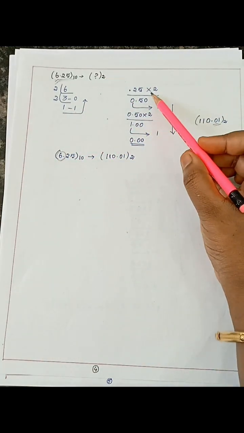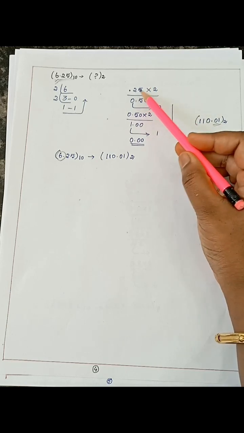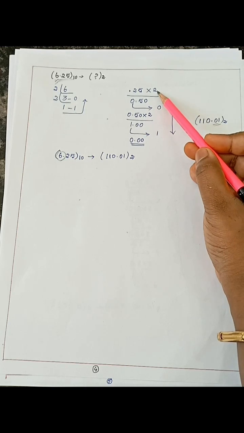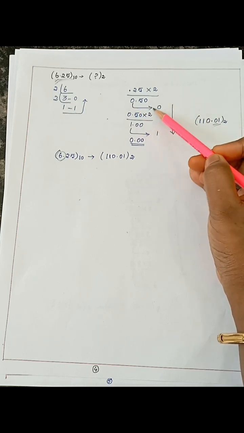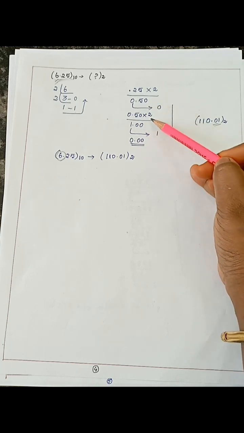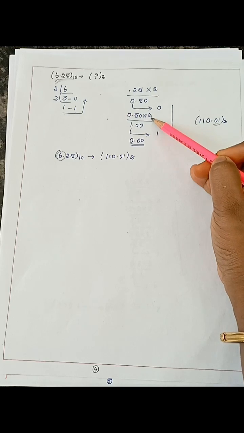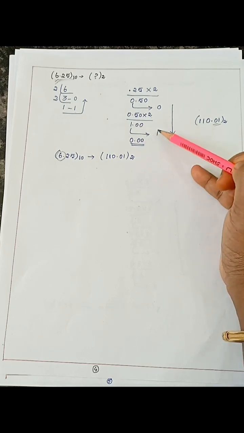And for the fractional part, we have to multiply with respect to 2, that is 0.25 multiplied by 2, we are getting 0.50. This 0 can be taken outside. So we are getting 0.50, which is again multiplied by 2, we are getting 1.00. This 1 can be taken outside.